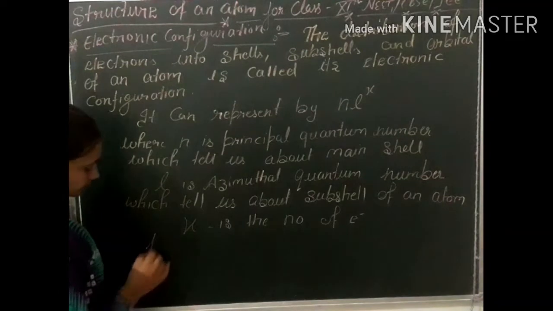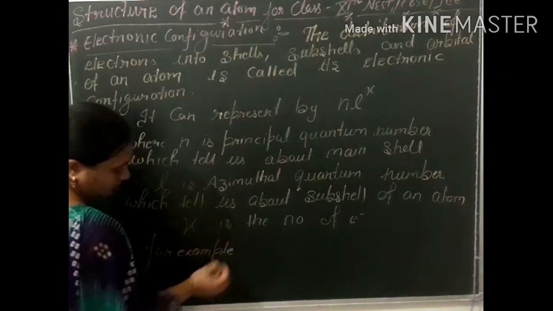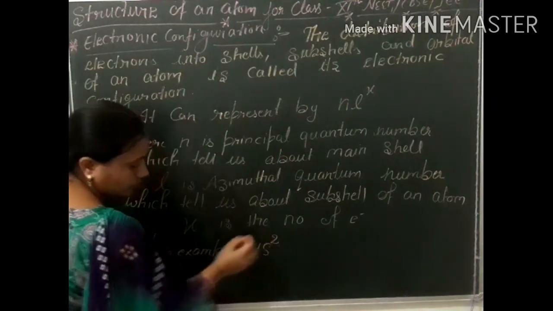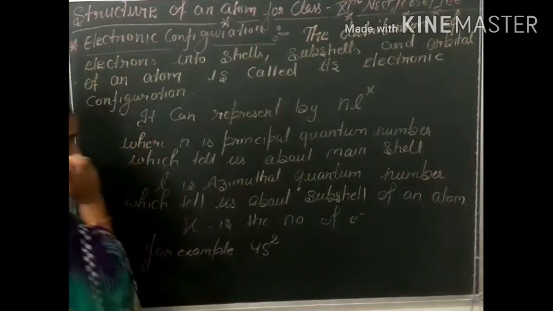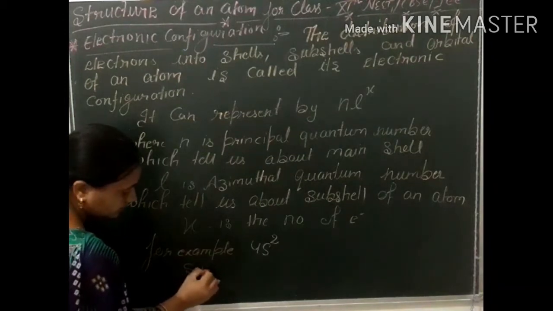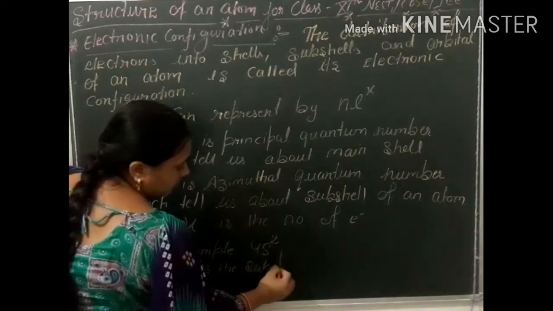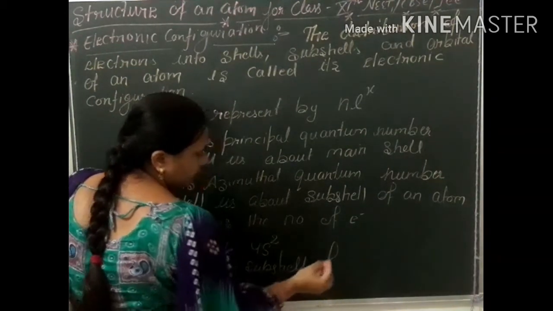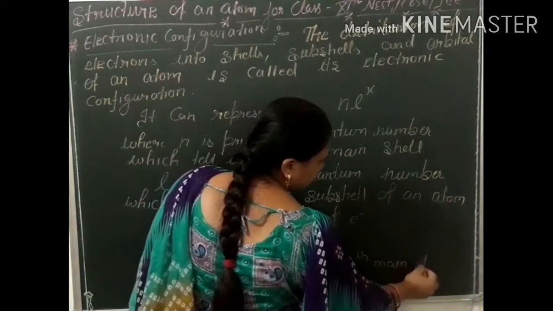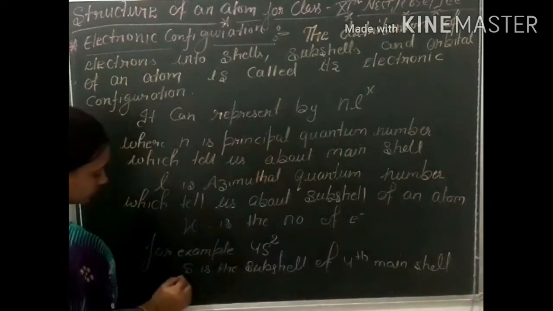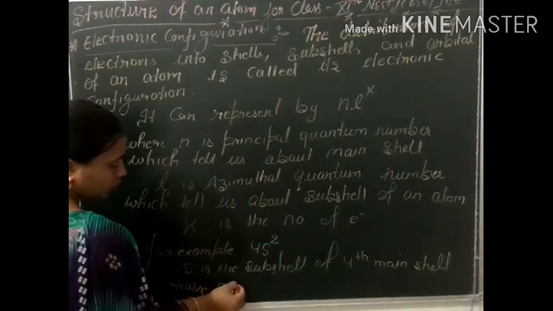For example, 4s2. Now from here 4s2 tells us that 4 is the main shell, and s is the subshell of the fourth main shell. How many electrons does it have? There are 2. So from here it has 2 electrons.